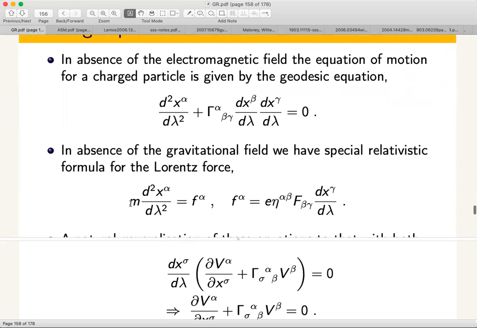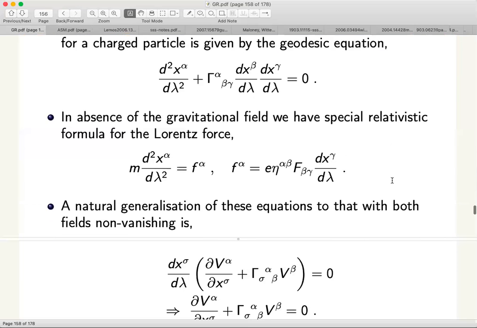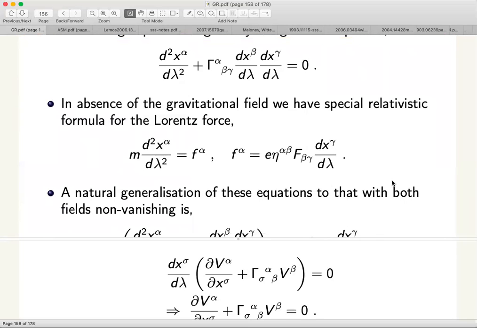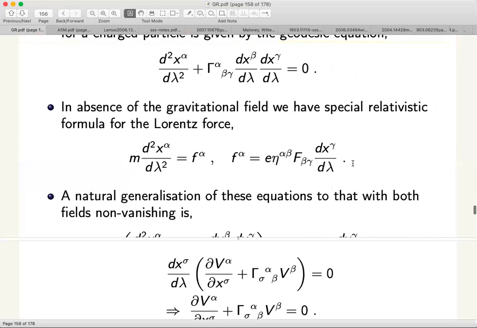Okay, fine. If there is no gravitational field, then we know what the equation is. That is the Lorentz force equation, that the acceleration of the particle times mass is the force, Lorentz force formula, and that is related to the electromagnetic field times the velocity. Okay, fine. So if you want to ask the question, if both these fields are non-vanishing, what would you do?